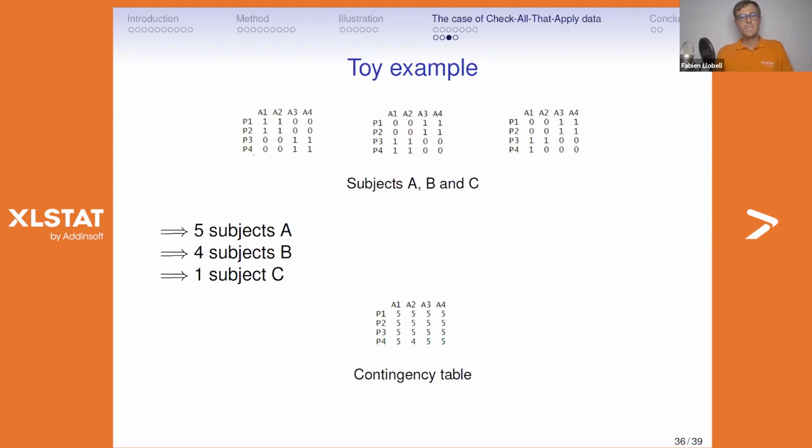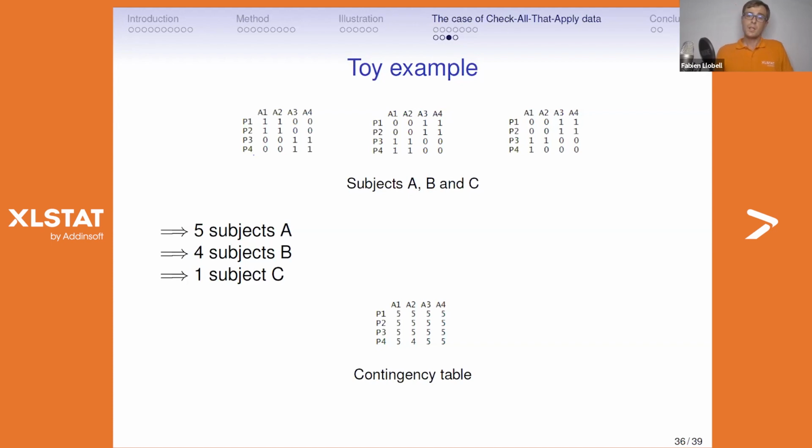So we have 5 subjects. A first subject has put the products P1 and P2 together by checking the attributes A1 and A2, and P3 and P4 together by checking the attributes A3 and A4.